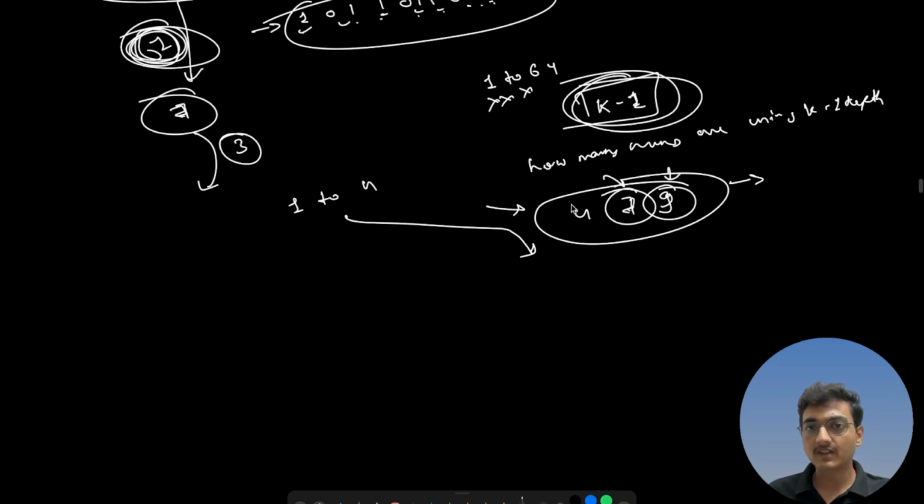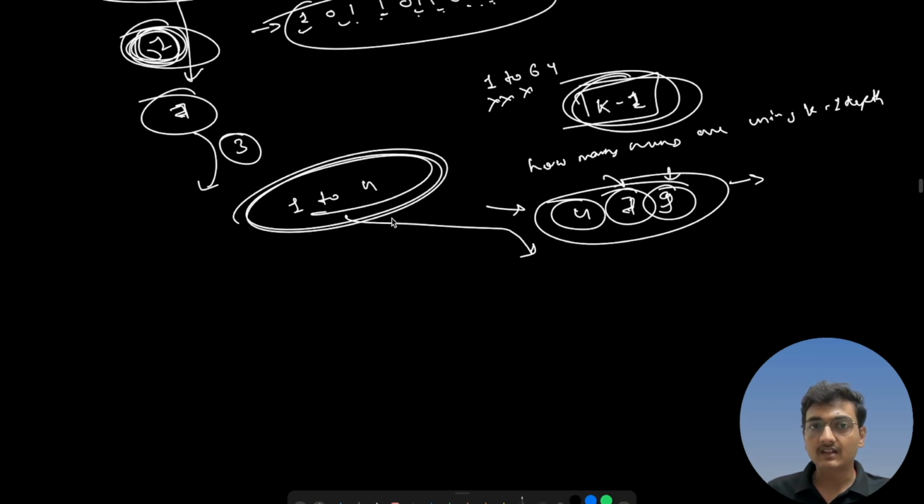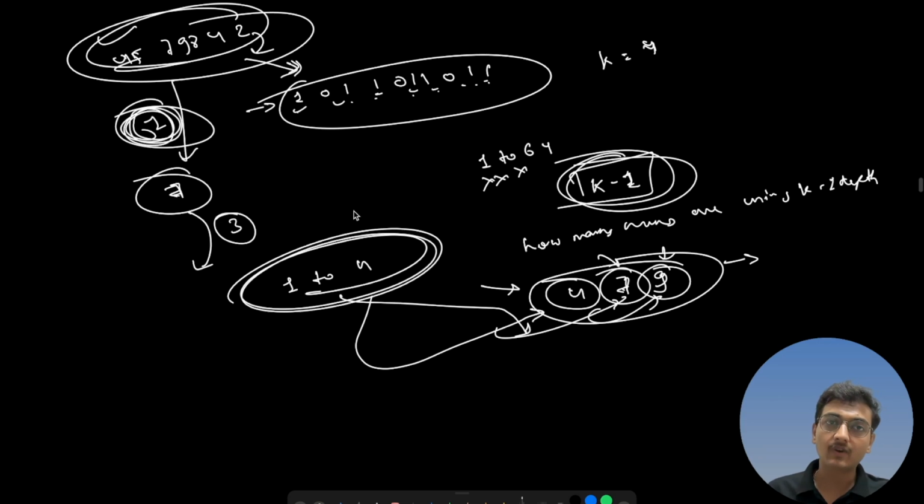How many numbers in this range can reach either this, this, or this? I hope this part is clear. This part looks a little tricky, but once you understand it carefully... if you didn't understand it, you can comment down for your doubt. Otherwise, just rewatch the video again.